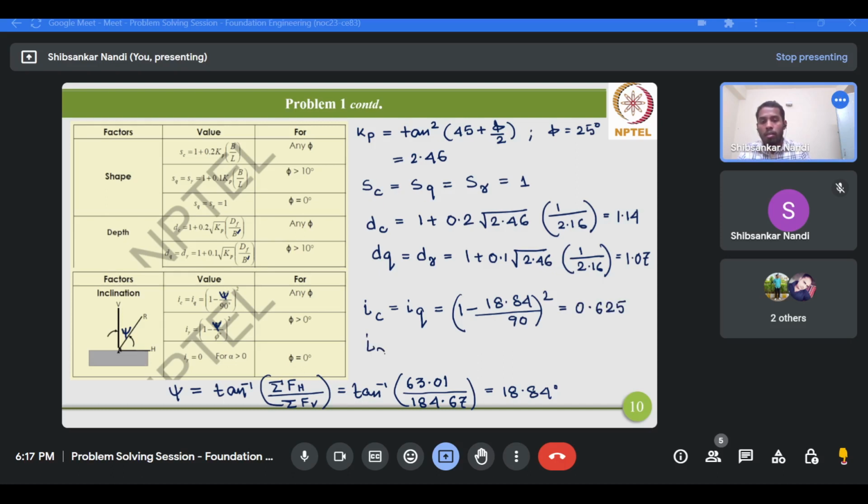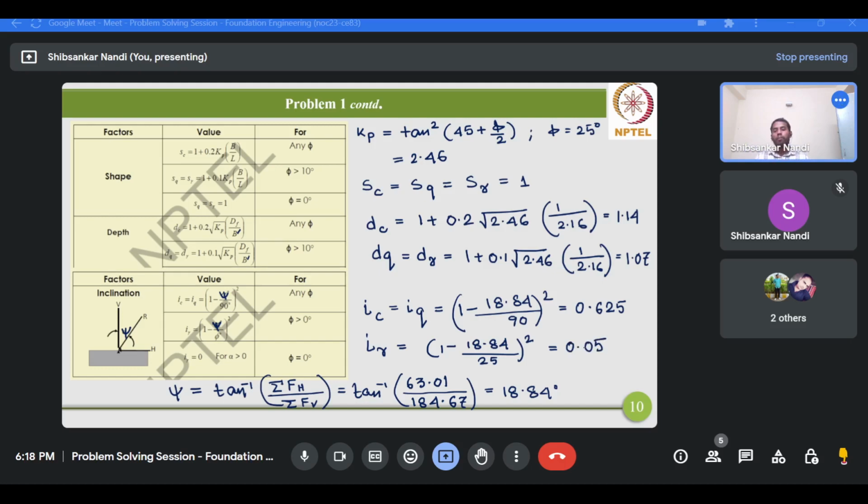Then I gamma, so this will be 1 minus psi by phi, whole squared: 18.84 divided by 25. So 0.05 something I am getting.